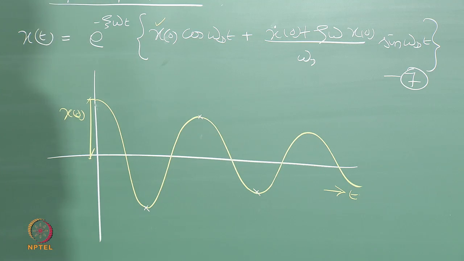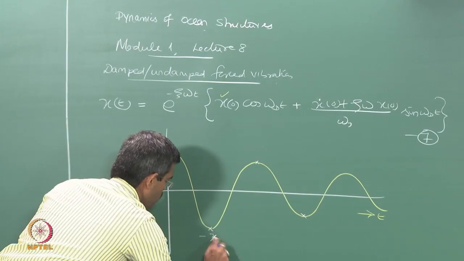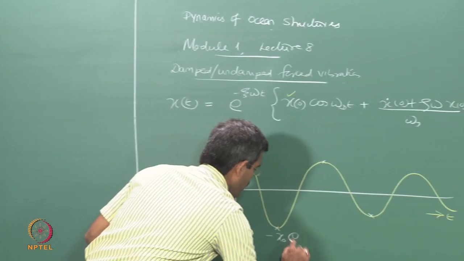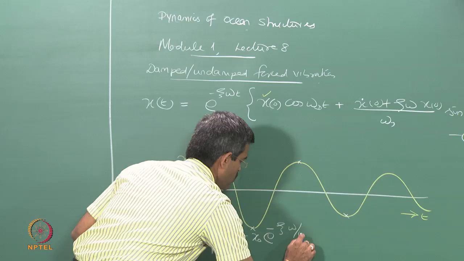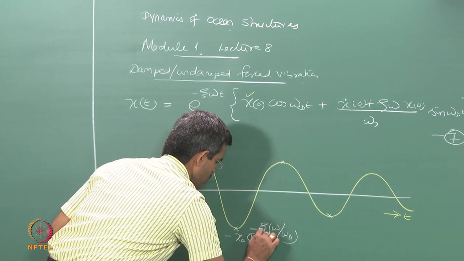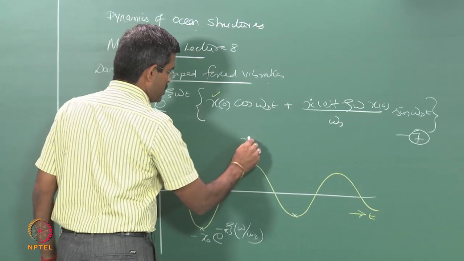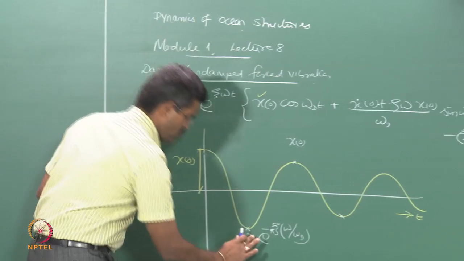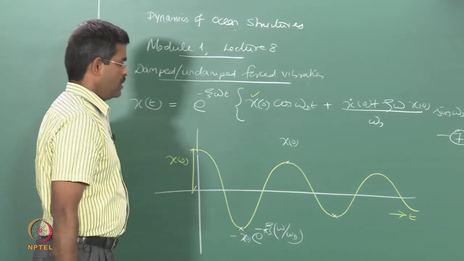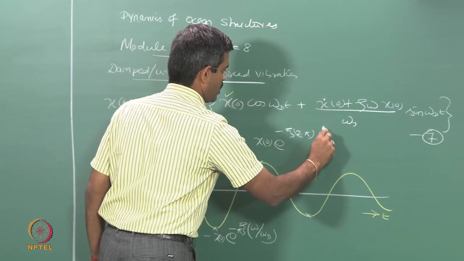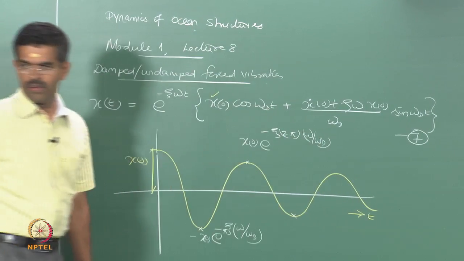This value was minus x 0 e to the power of minus zeta omega by omega d, let us say pi. Let us say this value is positive x 0 e to the power of minus zeta 2 pi omega by omega d and so on.